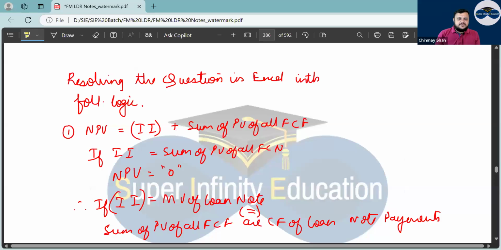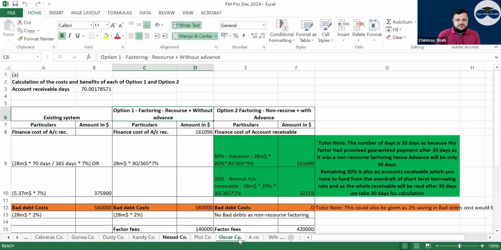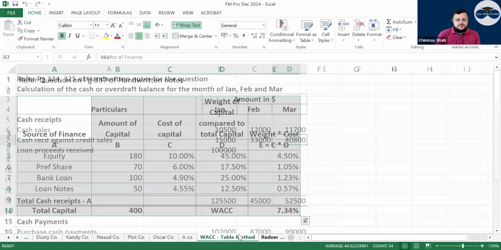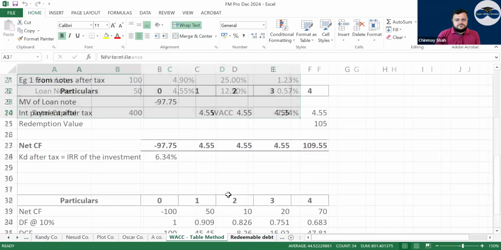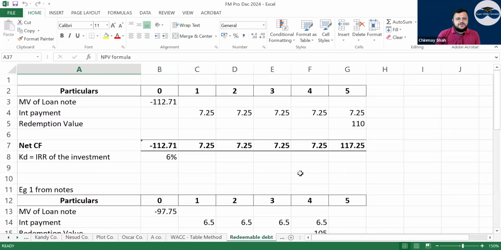So we did that on Excel. Have a look at the Excel as well. It is very simple to solve on Excel. Whatever is the market value, for redeemable debt, the market value is negative.